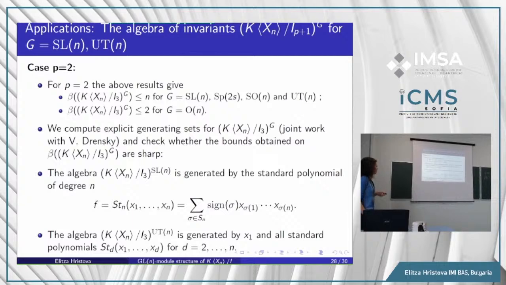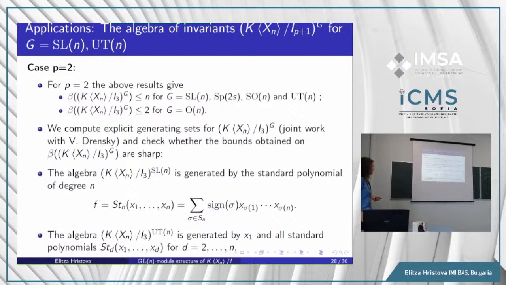And I have given here the generating sets because they are not difficult. So in the case of the algebra of SLN invariants, this algebra is generated by just one polynomial. This is the standard polynomial of degree n. So this is a polynomial of degree n, and therefore the bound n is obtained in this case.